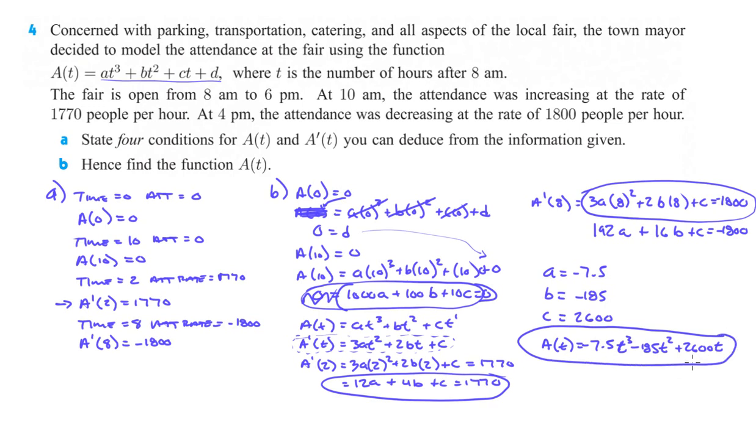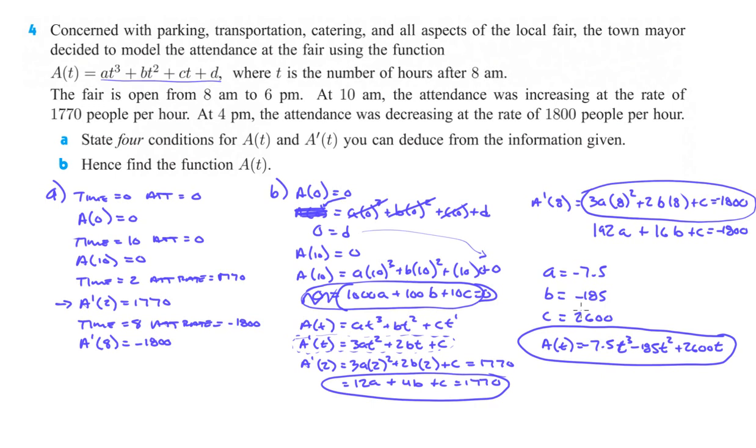Okay, and now you can use that function here to solve the rest of the problem. Just to give you a hint, for C, you'd want to plug this equation into the y equals, and then you're going to have to start adjusting your window so you can see that max value, but you should be able to find that max value.